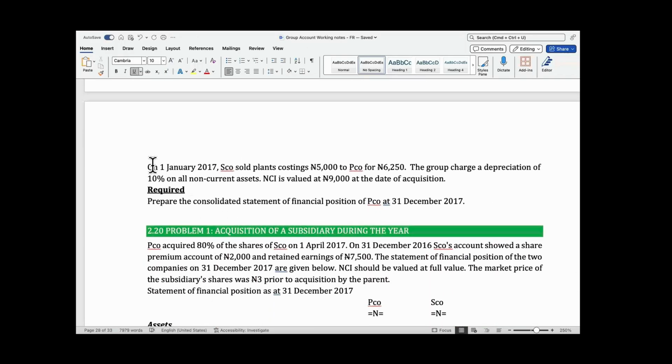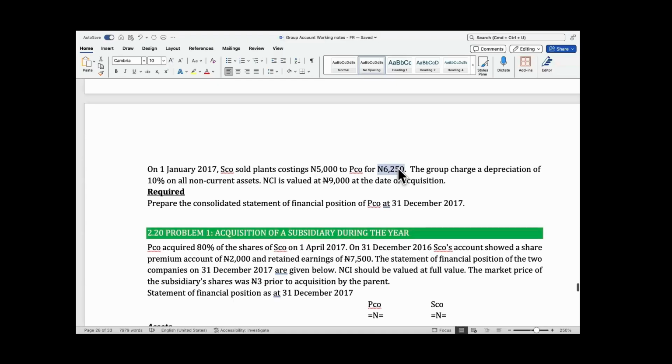We're told that on 4 January 2017, ESCO sold plant costing 5,000 to Pico for 6,250. The group charges depreciation of 10% on all non-current assets, and NCI is valued at 9,000 at the date of acquisition. Prepare the consolidated statement of financial position of PICO at 31st December 2017.